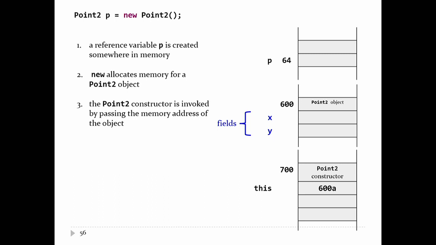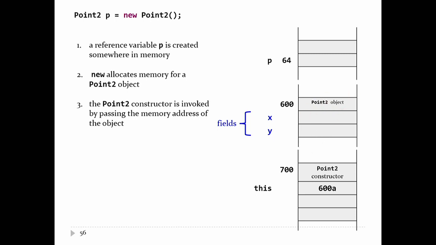Whenever you run a method or a constructor, that thing has to run somewhere in memory. So the Point2 constructor appears somewhere in memory, and now it starts to run. The problem is it doesn't know what Point2 object it's trying to fill in. It needs some way to know. It needs to fill in the fields of that object that's right there.